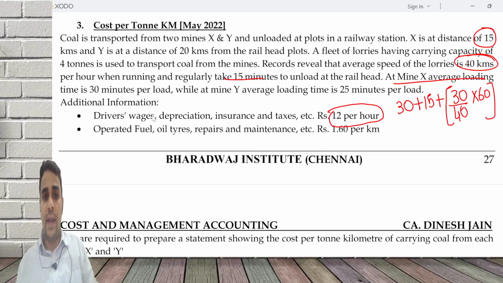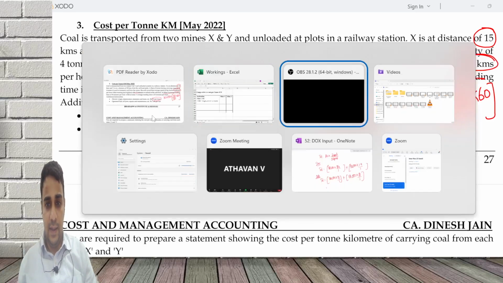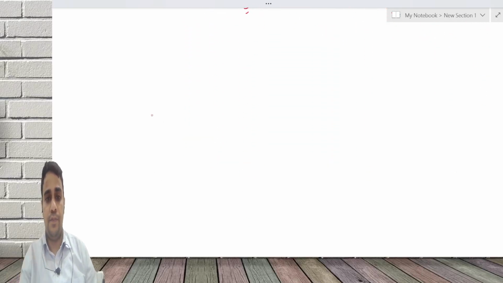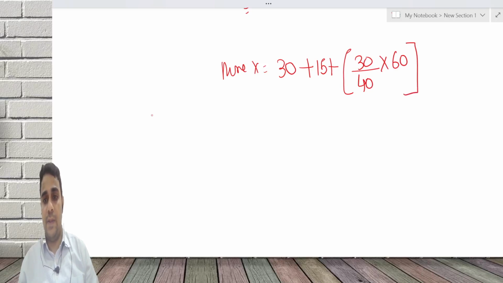Note 1. Time taken in mine X: 30 minutes for loading, 15 minutes for unloading, and travel is 30 by 40 into 60 minutes. In 1 hour, you will cover 40 kilometers. So in 45 minutes, you will cover 30 kilometers.